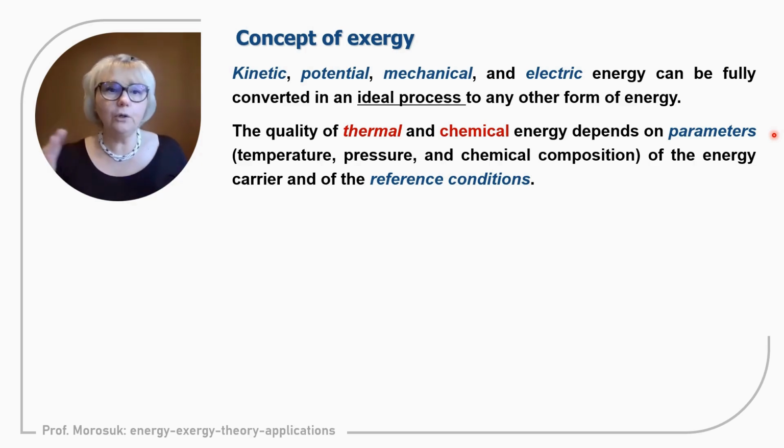Quality we always should compare with some reference case. Once there is a reference case, we can say quality is higher, lower, better, or worse, if we use only the linguistic meaning of the word quality. So here, one more time, for thermal and chemical energy, the parameters temperature, pressure, and chemical composition refer to the quality of these forms of energy.